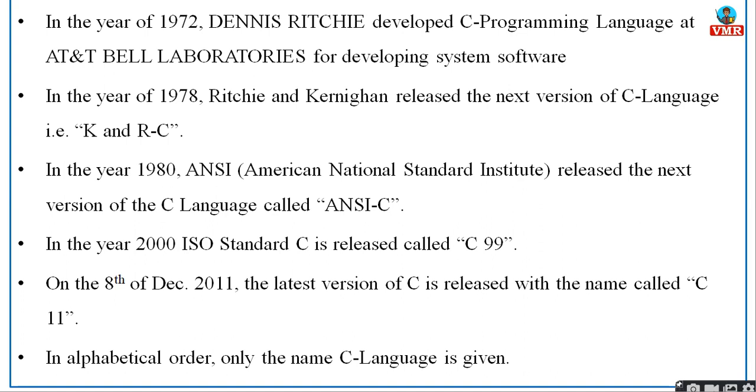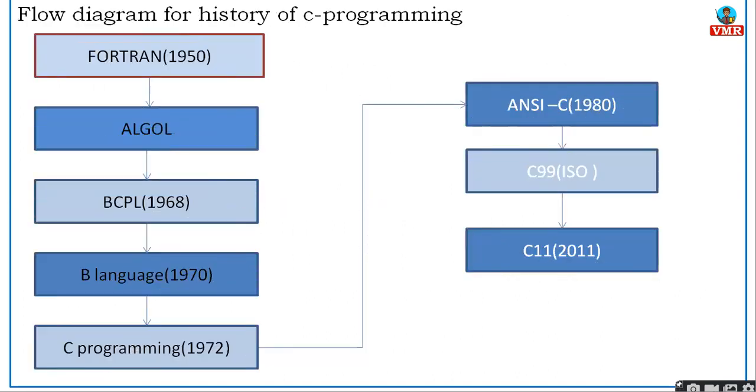So C is going to act as a basic programming language for all the higher or other object-oriented programming languages, right? Whatever programming you are learning, the basis is the C language. The same thing I have also represented in the form of a flow diagram.